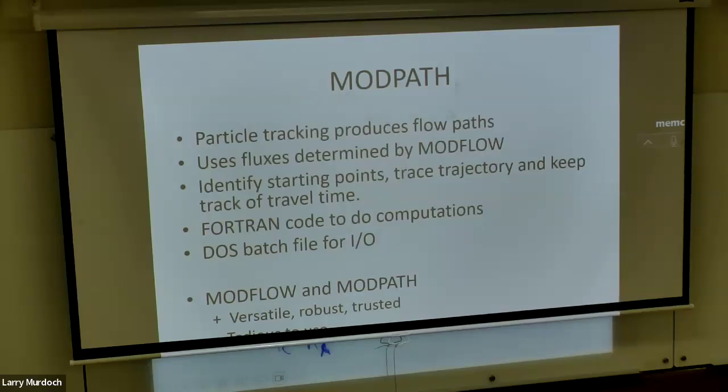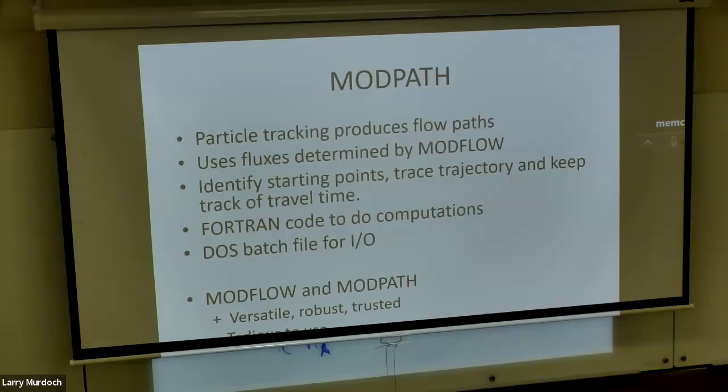Then there's another package that'll be important called modpath. And modpath does particle tracking to produce flow paths. So the way that it works is that you run modflow, it calculates hydraulic heads and does the gradients and determines what the fluxes are and what the velocities are.